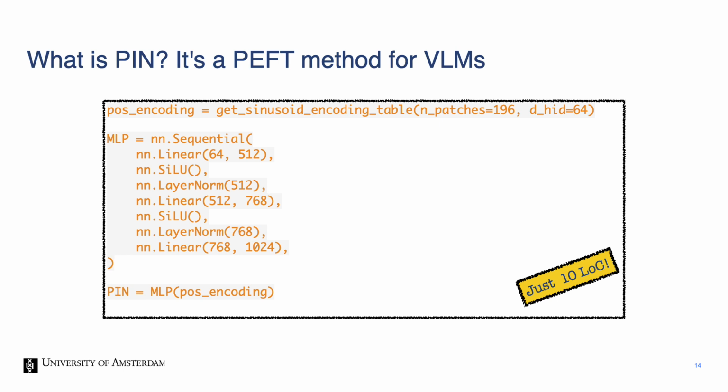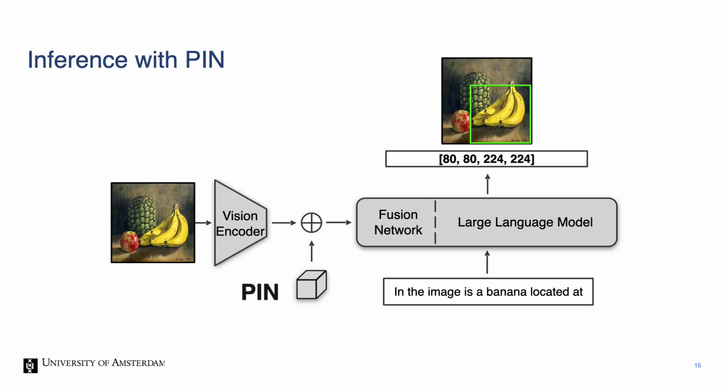PIN can be viewed as a patch method, specifically for autoregressive vision language models, and can be implemented in only 10 lines of code. During inference, we just add the constant PIN to any image to unlock object localization in the vision language model.